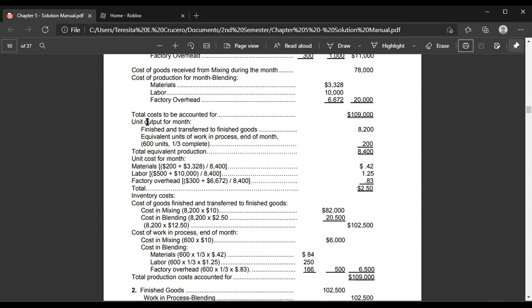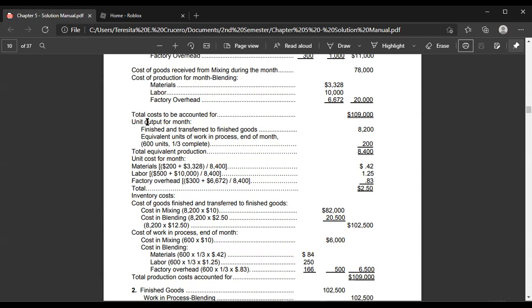In the same way that with regards to the units, your total units to be accounted for should tally with the units accounted for. So in this problem, the units to be accounted for is the sum of the beginning inventory in the blending of 1,000 units, and then you add your units received from the mixing department of 7,800.